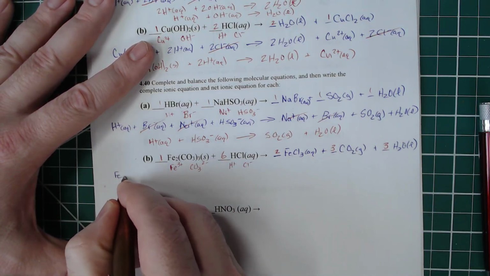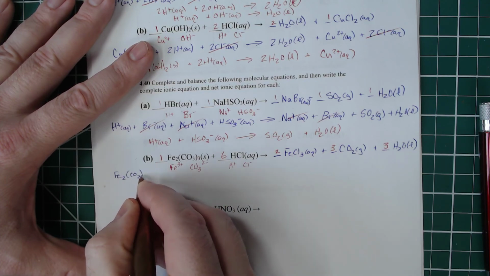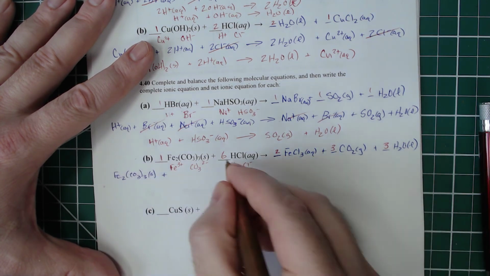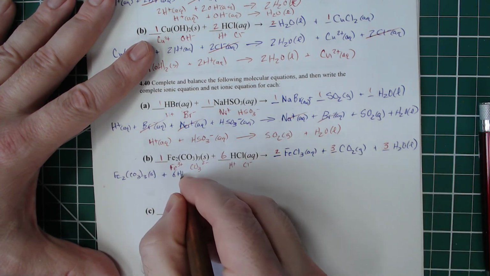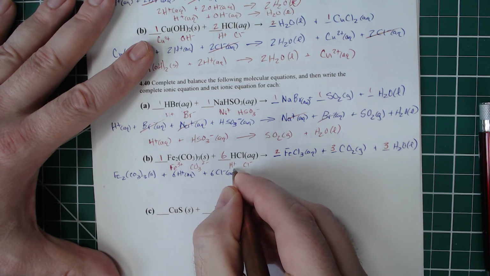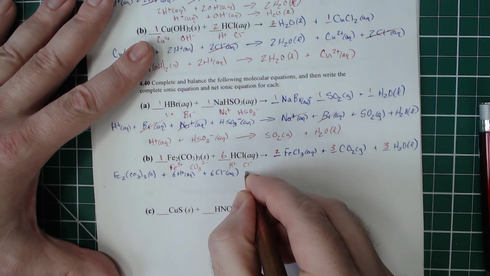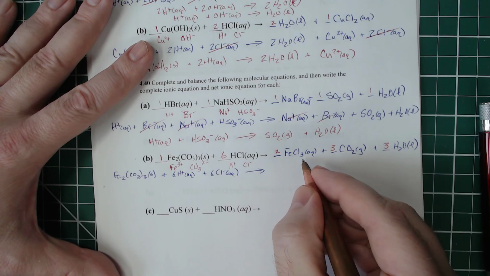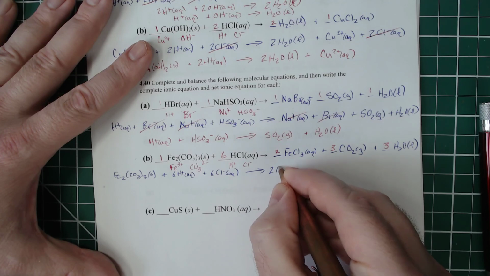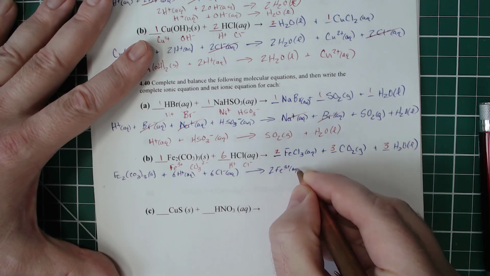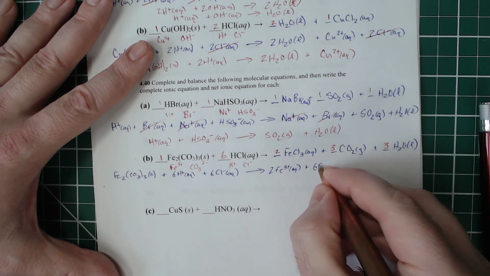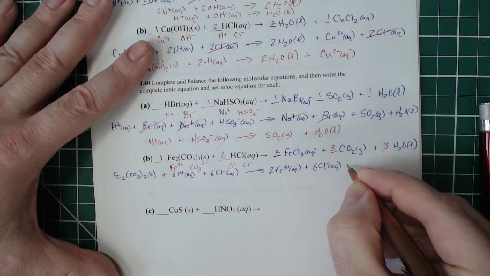So we'll put Fe2CO3 3 solid. For HCl, we've got 6 H+ aq and 6 chloride aq. For FeCl3, that is a strong electrolyte because it's a soluble ionic compound, so we'll get 2 Fe3+ and we'll get 6 of those chlorides, so 6 Cl- aq.